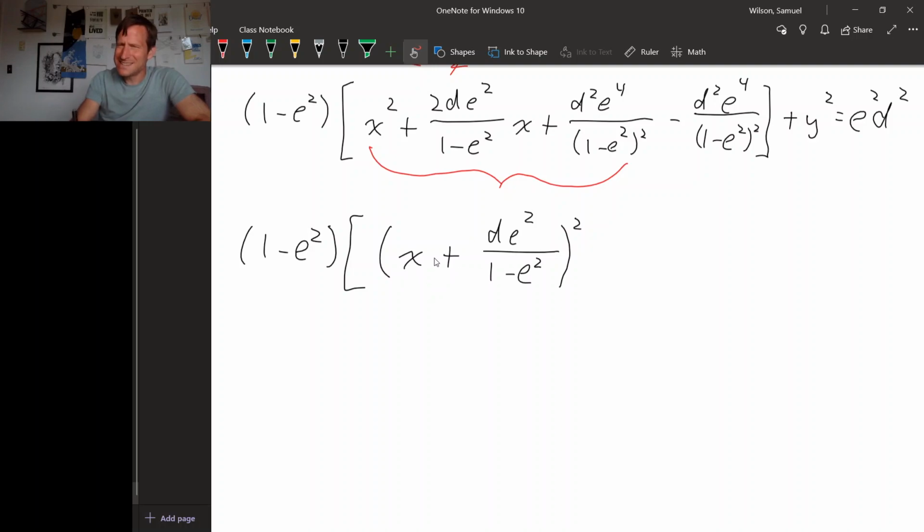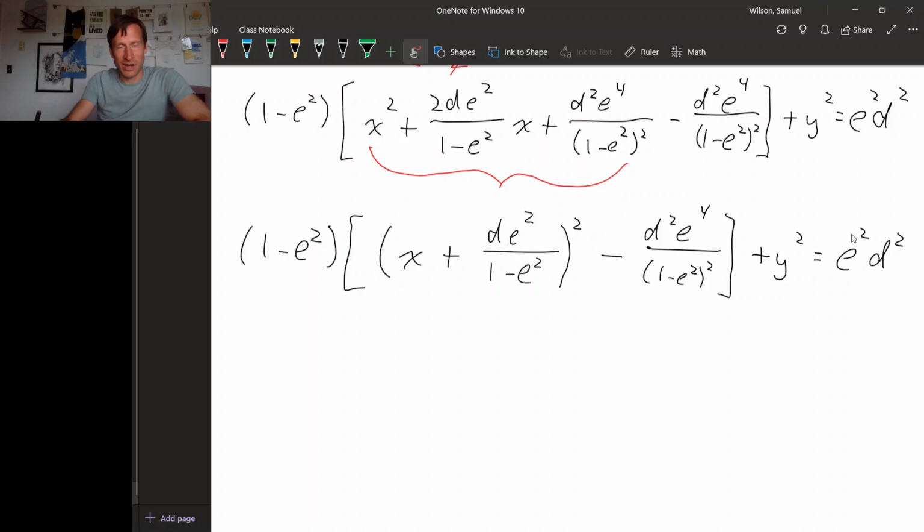So take a second to multiply this squaring back out and just check that you do get these three terms I've marked in red here. So all of that minus d squared e to the fourth over 1 minus e squared squared plus y squared equals e squared d squared. So now we've completed the square.